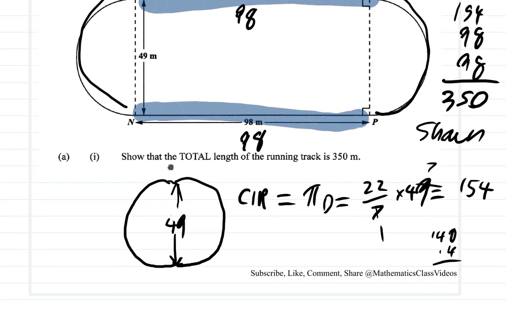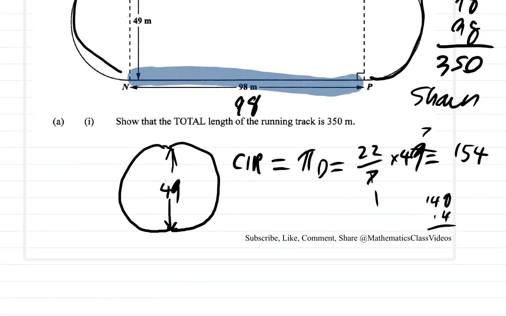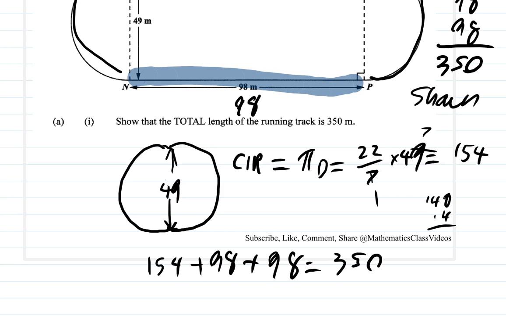So you have the working, then you have the 154, then you would have the 154 plus the 98 plus the 98 equal 350, and then shown. So that's that.